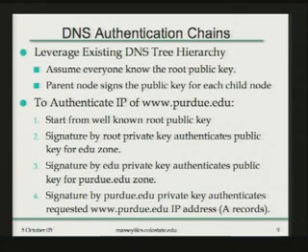Purdue edu is signed by its parent, edu. So now I can authenticate the Purdue edu key. And finally, the record I want, the Purdue edu IP address, or its A record, is signed by the Purdue edu key. So I have a nice authentication chain starting at the root, walking down to edu, walking down to Purdue, finally walking down to the data I want. Make sense?